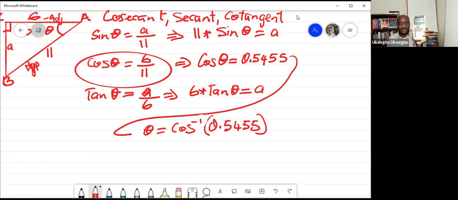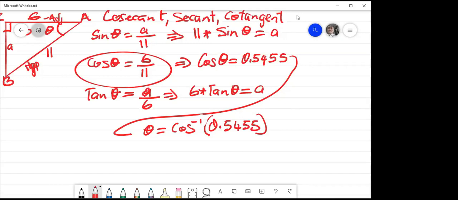If you look at your calculator, you can also get this. In order to get that, you press the second function, press cosine, and then enter the number 0.5455.